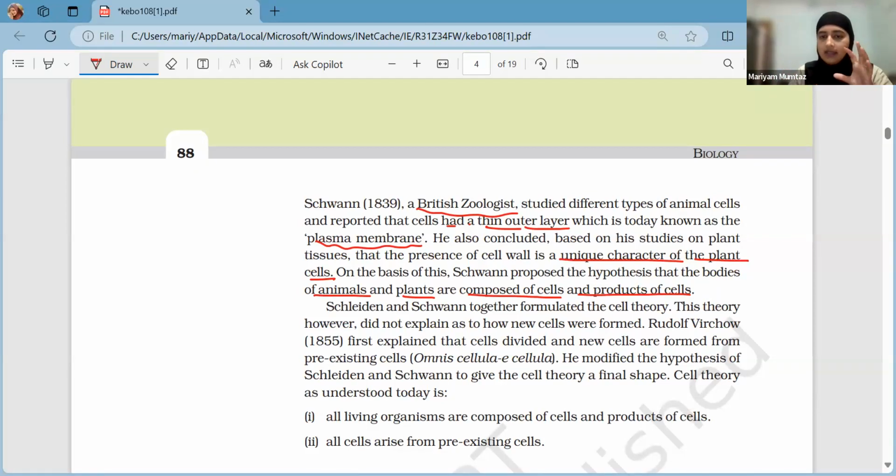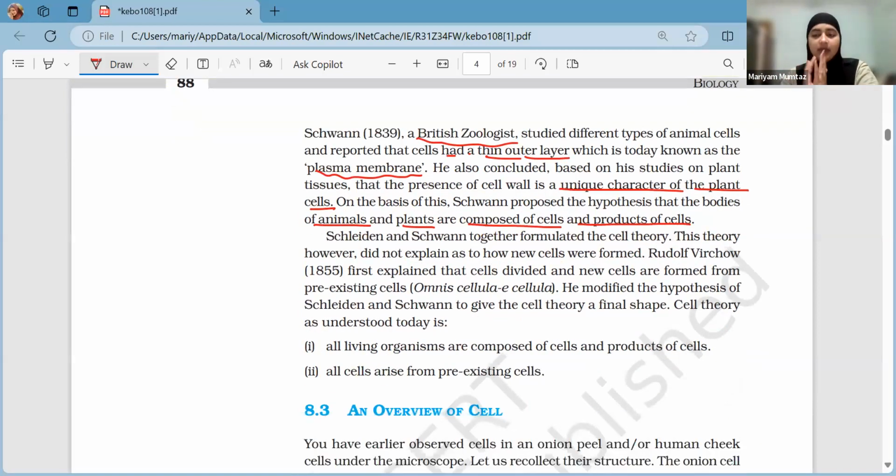They said let's formulate a cell theory, in which Schleiden and Schwann together said that firstly, all the living organisms are made up of cells, and the cells make their own kind into their products. The cells give rise to new cells.